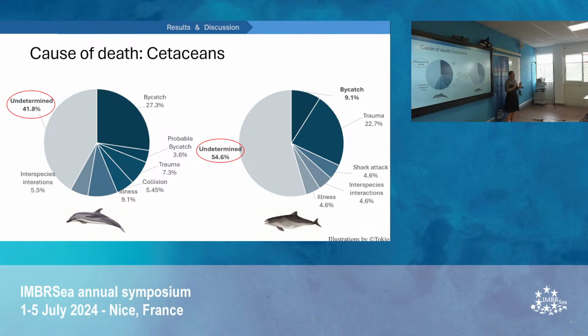This could be due to the fact that necropsies are a surface evaluation of our animal, so we can see things like net impressions, teeth marks, these things to determine the cause of death, but we're not able to see things as clearly such as disease or other indicators of death that aren't very external or visual to the naked eye, indicating that we need more research for these two species in particular, as there could be high levels of disease in our population.